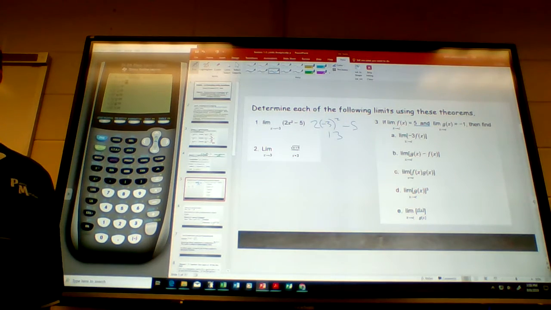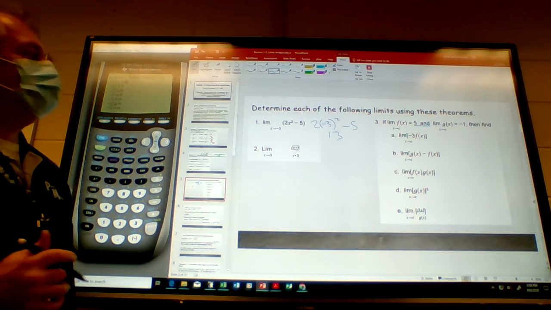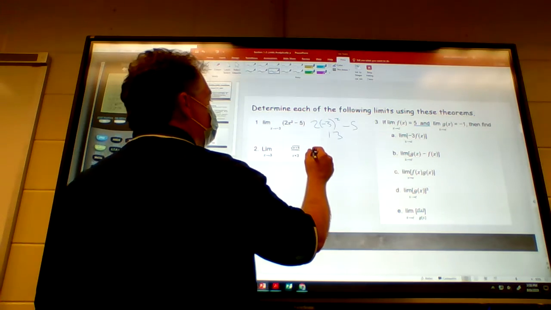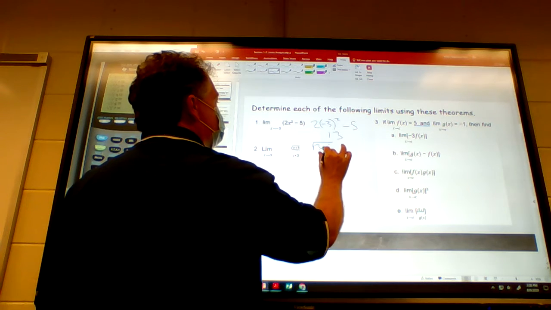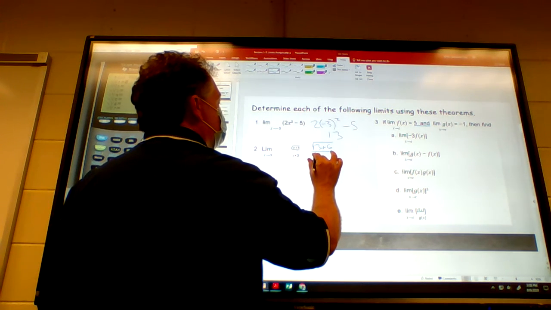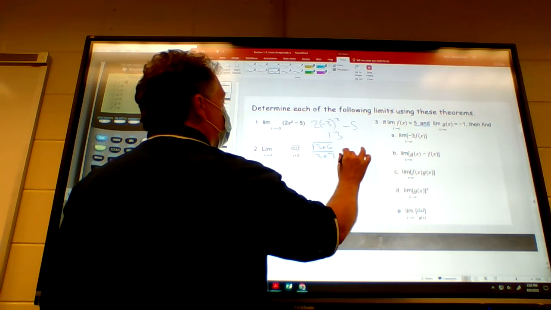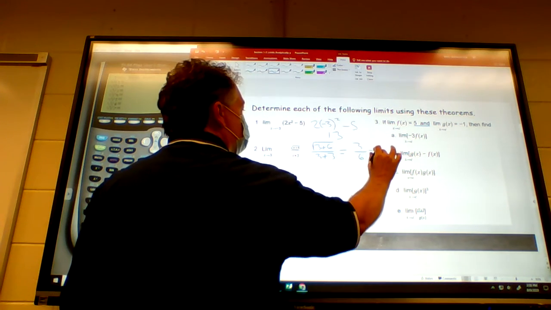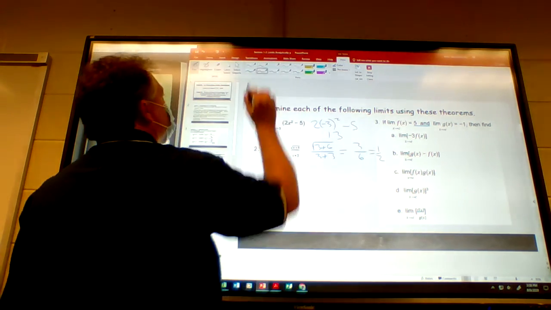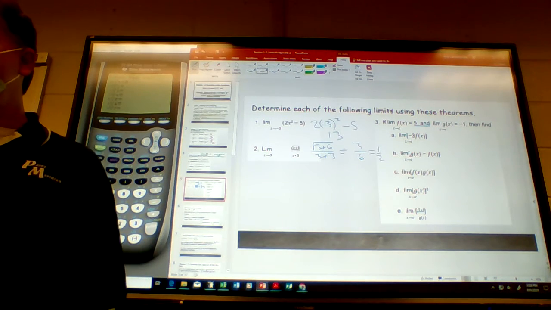And then the same thing down here. When we plug this in, square root of 3 plus 6 all over 3 plus 3, that is going to be 3 over 6, which is 1/2.